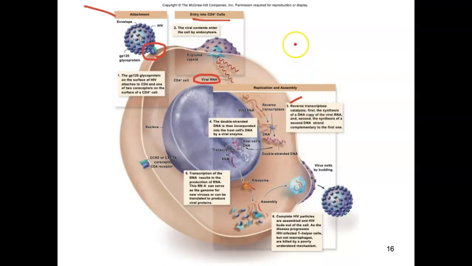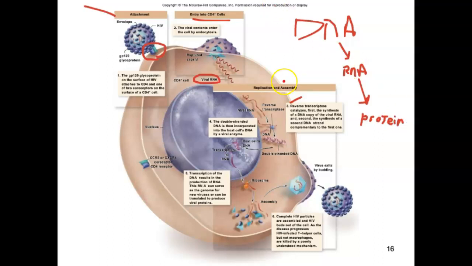So RNA, in the normal world, think about the normal process. DNA gets transcribed into RNA. RNA gets translated into proteins. Okay, hopefully that looks or sounds familiar. But with a retrovirus like HIV, it comes in as RNA.